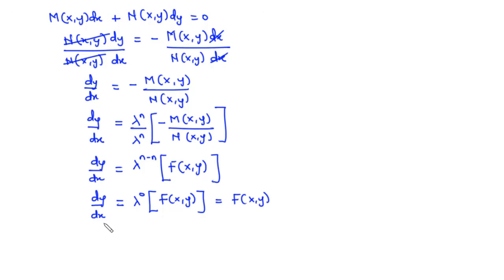Alternatively, we say that the differential equation of the form dy/dx = f(x,y) is said to be homogeneous if the function f(x,y) is a homogeneous function of degree n = 0.